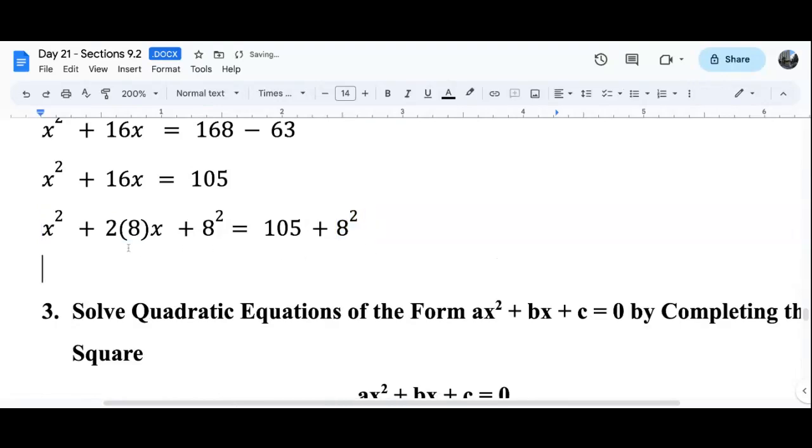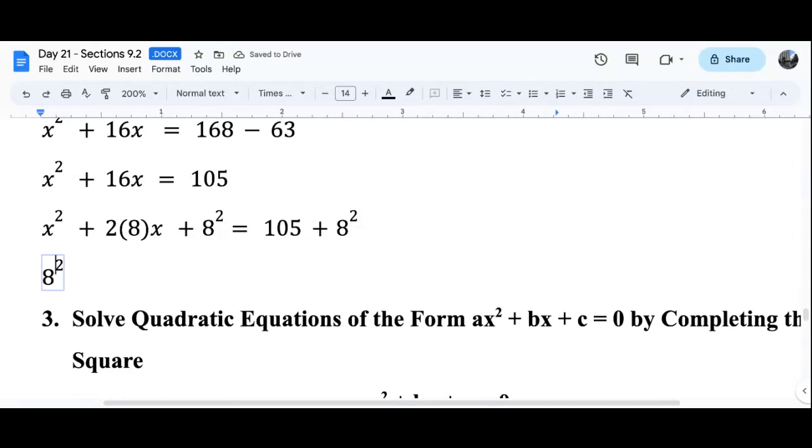So this side I can write as (x plus 8) squared. The left hand side is (x plus 8) squared, and the right hand side is 105 plus 64, which is 169.